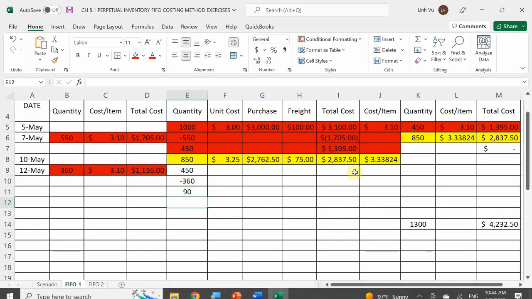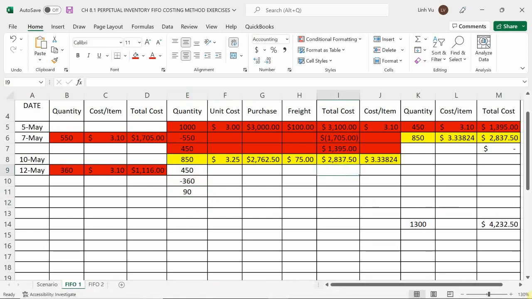Now, in this case, right now, my red batch at 450 is currently at $13.95. I just sold $11.16.